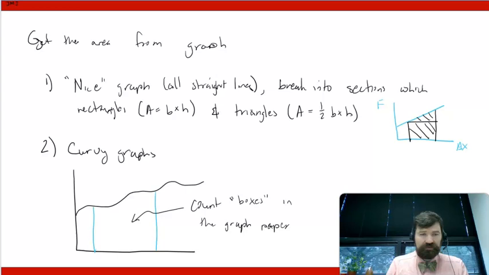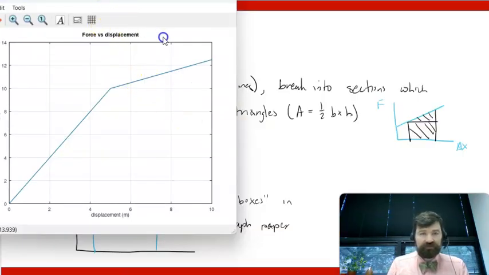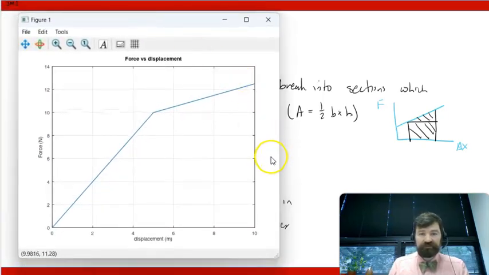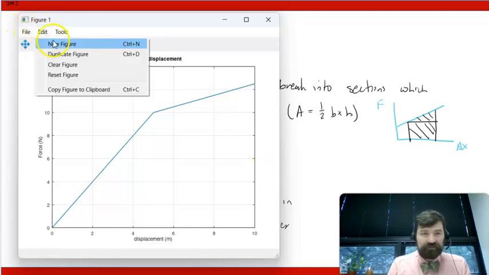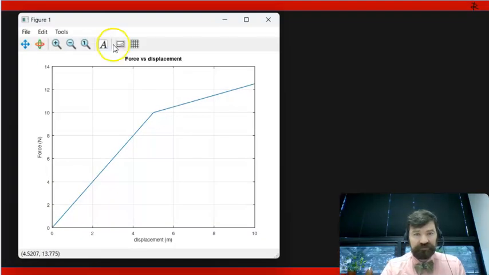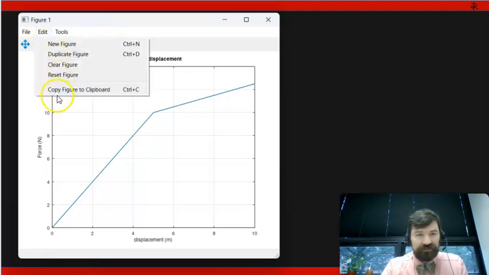I have a quick example of a graph. This one right here isn't meant to necessarily correspond to any particular physical thing, but let's say that you happen to have a system in which you can get a force versus displacement graph that looks like this.